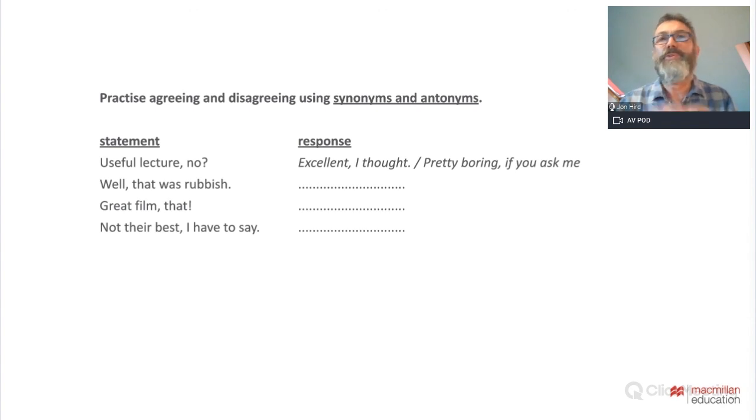We can do things with cutting up pieces of card where you've got the phrases, yeah, especially, yeah, but, no, but, turn it over, respond using that. There's all kinds of things that we can do.